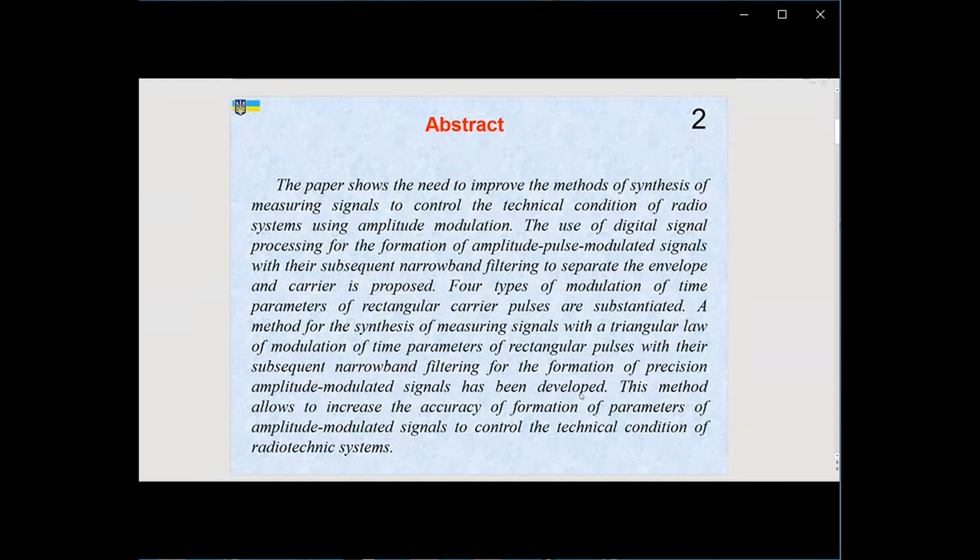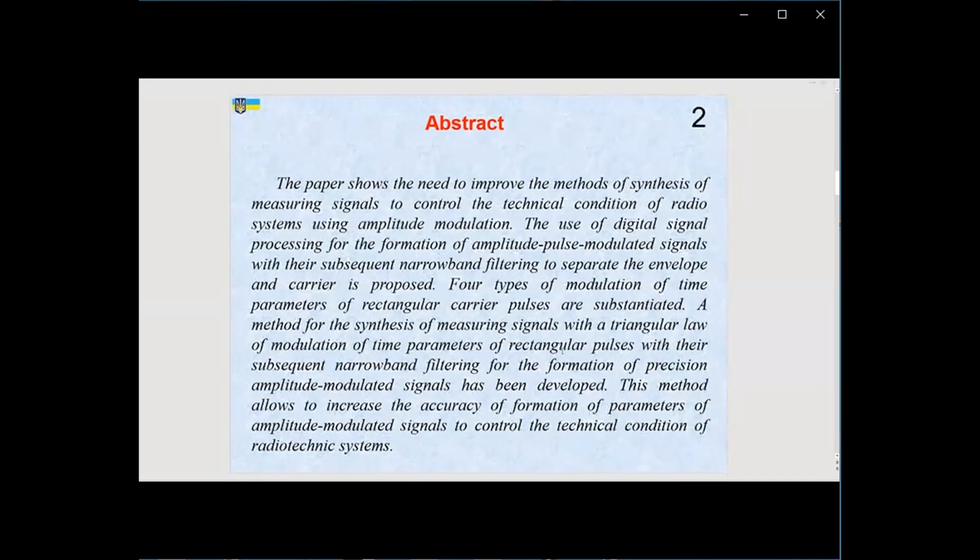This method allows an increase in the accuracy of formation of the parameters of the amplitude modulated signal used to control the technical condition of the radio technical system.